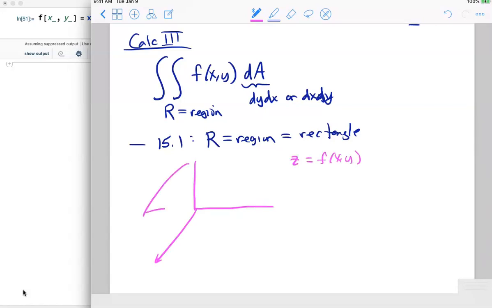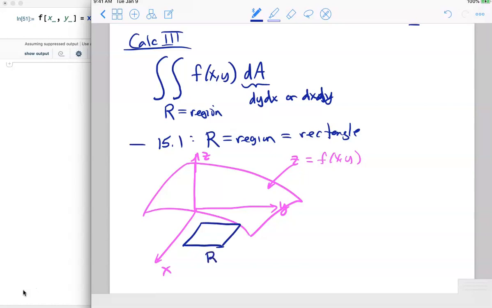That function will be given, and we know that it will look like some sort of surface in three-dimensional space, x, y, z. We're then specifically going to be given a region down here that is a rectangle. So here's our region R being a rectangle.